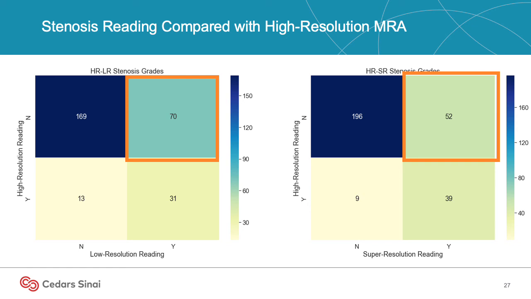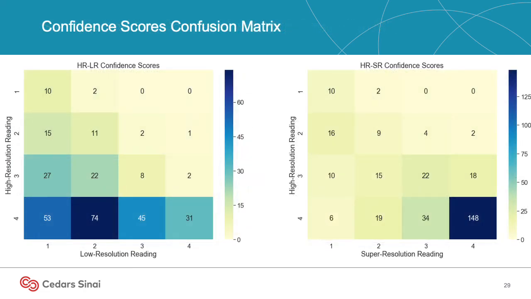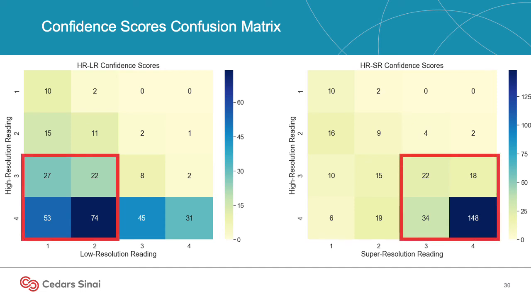And it has also much fewer false positives, as we can see here. For the positive stenosis reading, super resolution reading is also more correct. We can also see a similarity in the confidence. Segments clearly visualized in high resolution became very challenging in low resolution, while super resolution is much more consistent with high resolution MRAs.